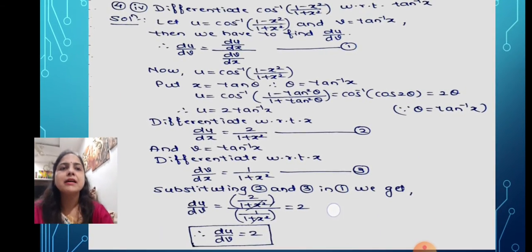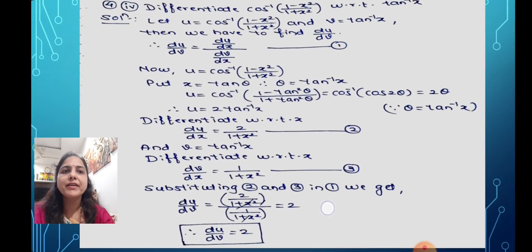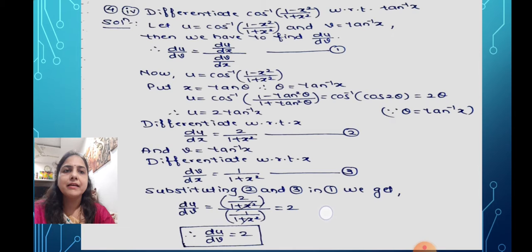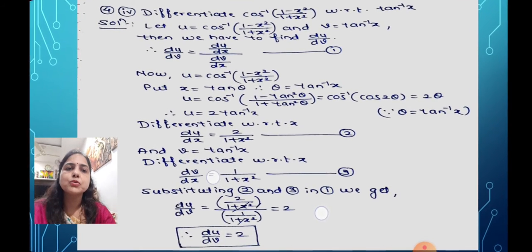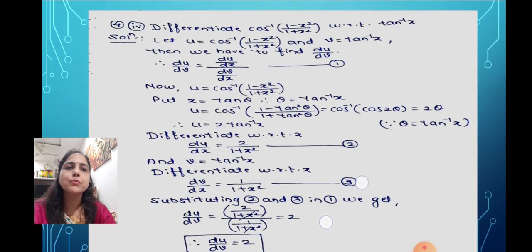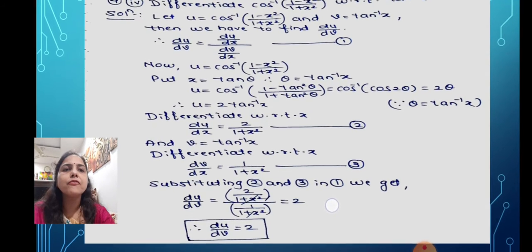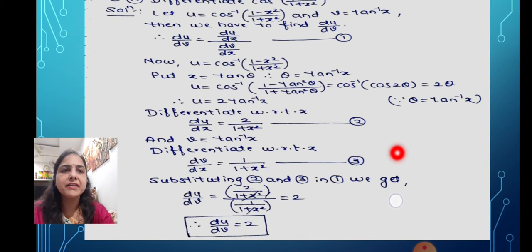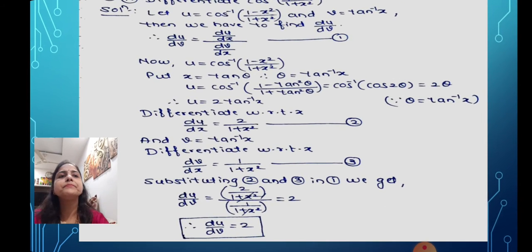Now v is tan inverse of x. We differentiate it with respect to x. So we get dv by dx is equal to derivative of tan inverse x, which is 1 upon 1 plus x square. We denote it as equation number 3. Now we substitute the values of du by dx and dv by dx from equation 2 and 3 in equation number 1.